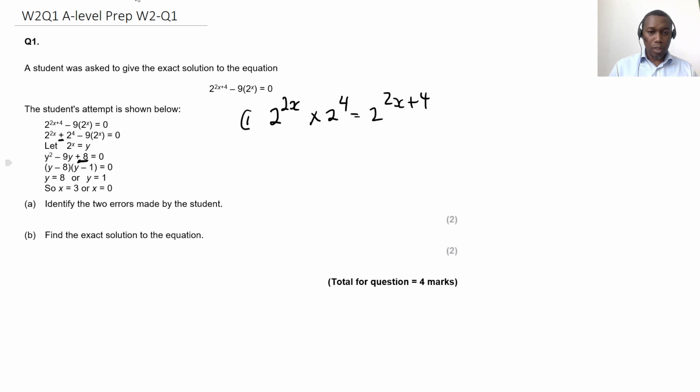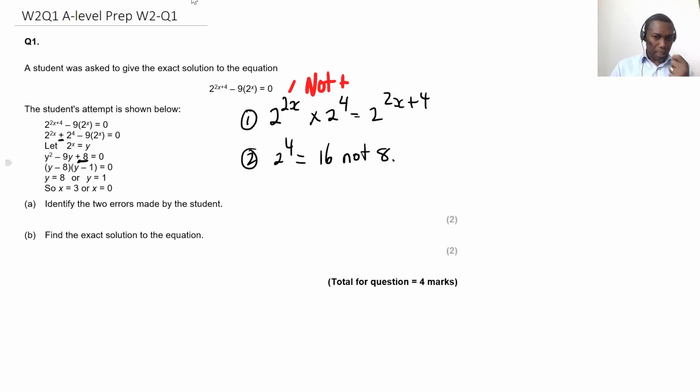The second issue is 2 to the power 4 is equal to 16, not 8. So you would have written multiplication, not plus, for the first one, and 16, not 8. Those are the two errors identified there.